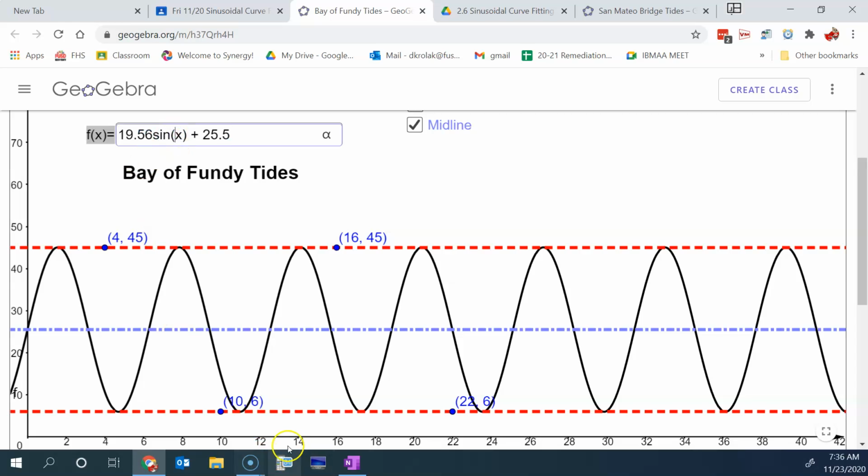For pi over 6, I'm going to convert it to a decimal. If you have questions, guys, let me know.